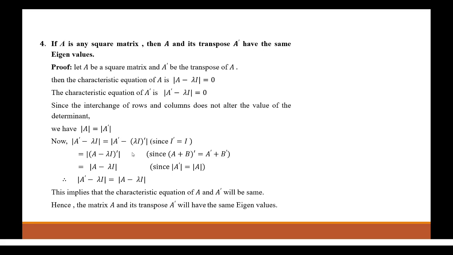Then we equate these two, and since I dash is equal to I only, taking the transpose of A minus lambda I and applying the property that the transpose of A plus B is A dash plus B dash, we get determinant of A dash minus lambda I becomes determinant of A minus lambda I. This implies the characteristic equations of A and A dash will be the same. Hence, the matrix A and its transpose A dash will have the same eigenvalues.